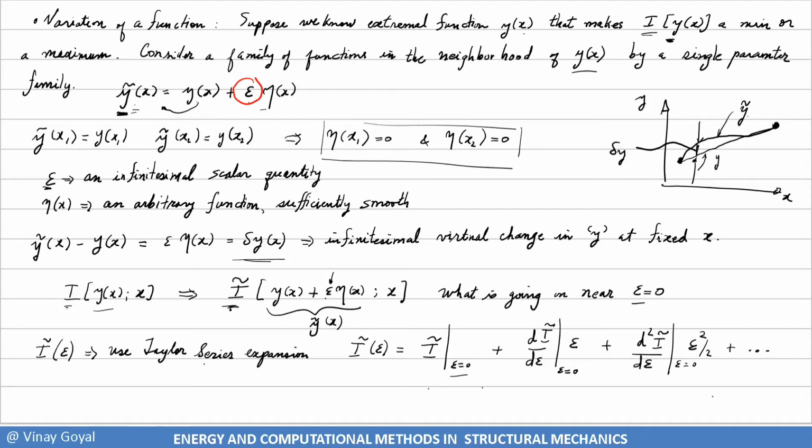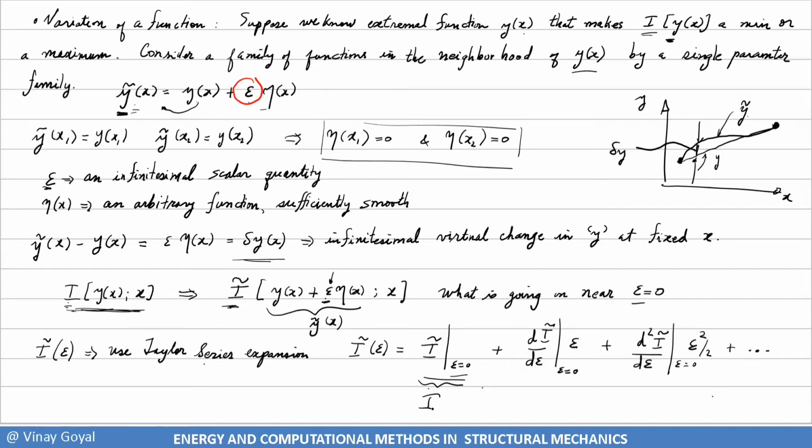We get back the original functional. And y is the real solution that minimizes I, so I get the minimum functional I. So I'm able to find the function y. Epsilon equals 0 here means I got I back.